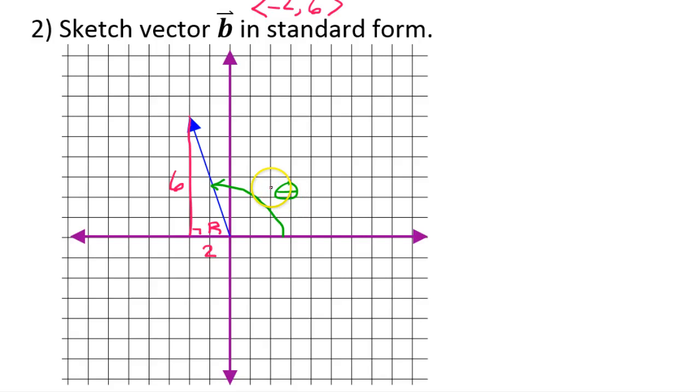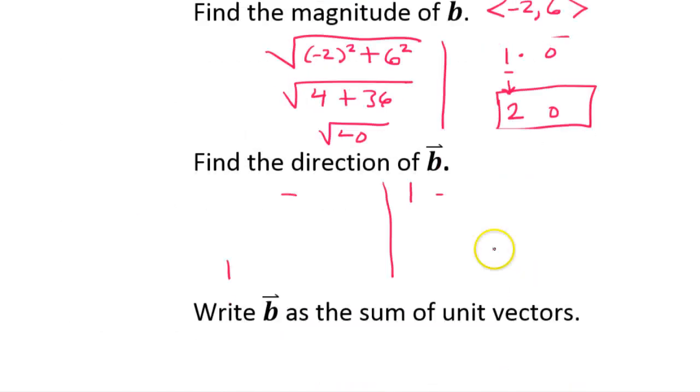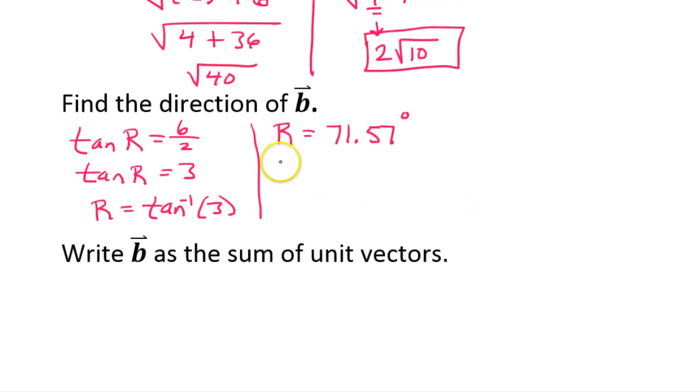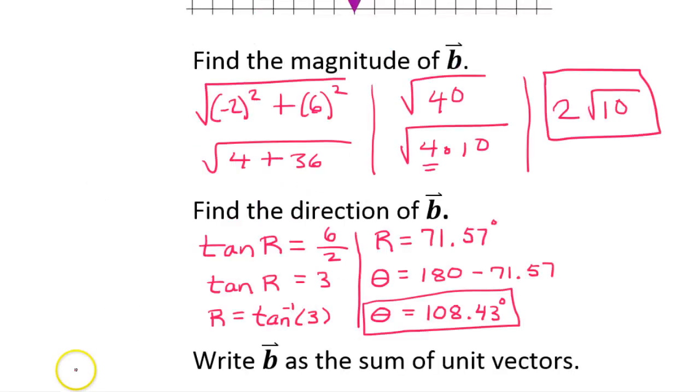Well, theta should be 180 degrees minus this reference angle. So theta should equal 180 degrees minus 71.57 degrees. That gives me 108.43 degrees for the direction of vector b.